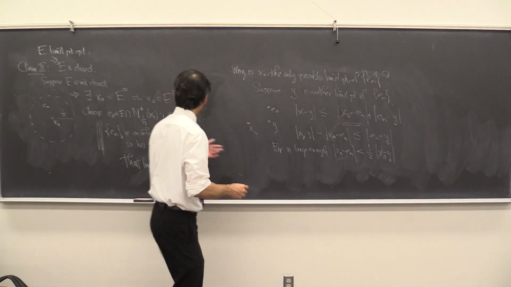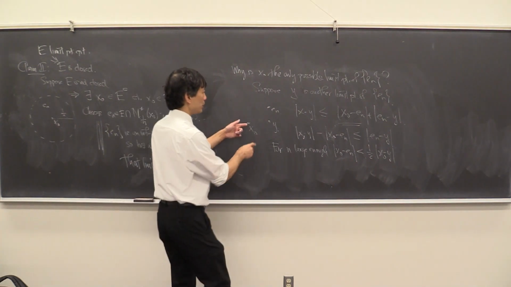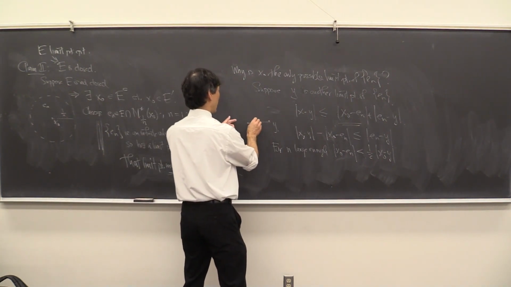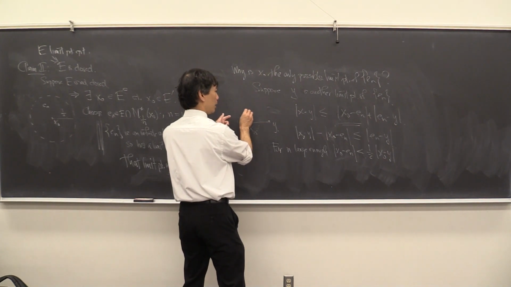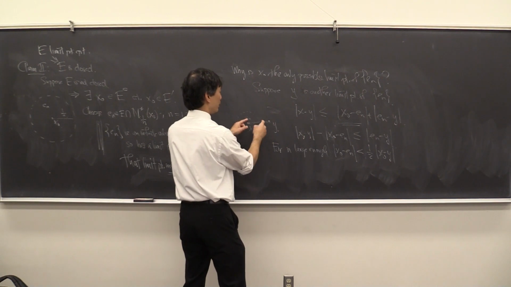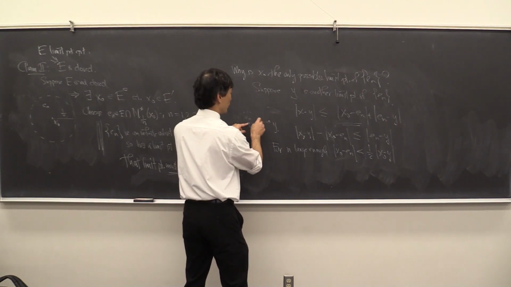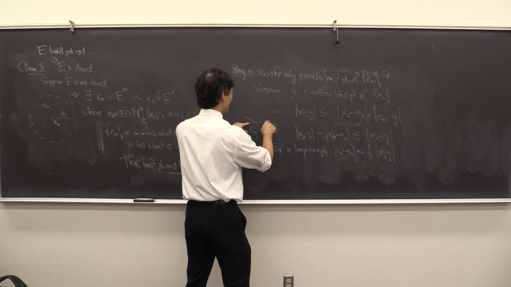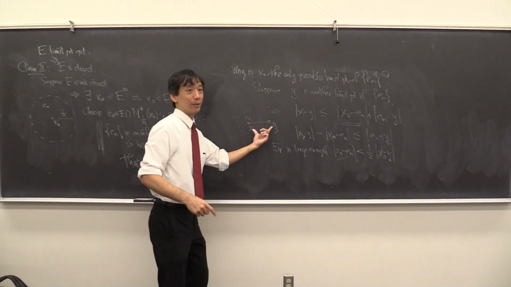So choose n big enough that the distance to x naught is less than half the distance of x naught to y.